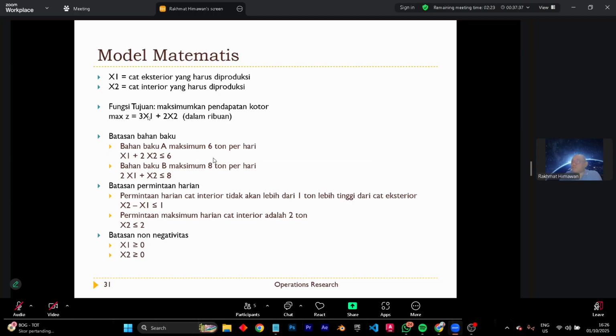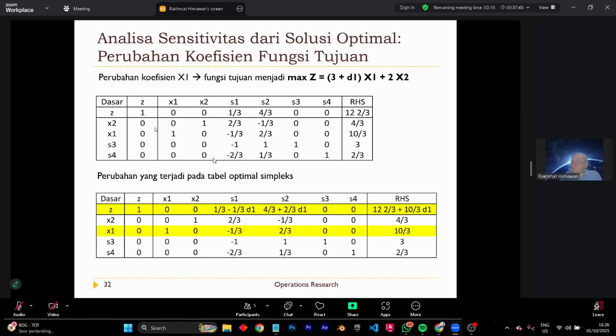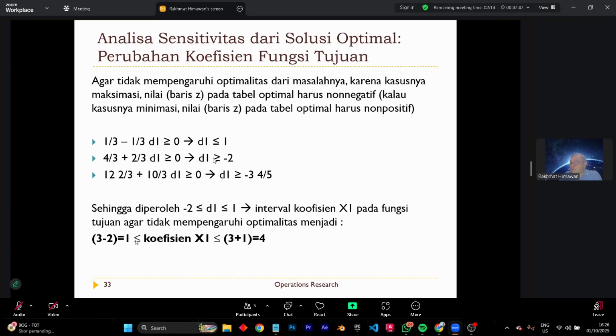So what we will get is only two, for example. What will be the effect on the plan? And then you check in here. Oh, two is still between one and four, so it's still within the range for X1. That means we might get less revenue, but our optimal solution will not be compromised.